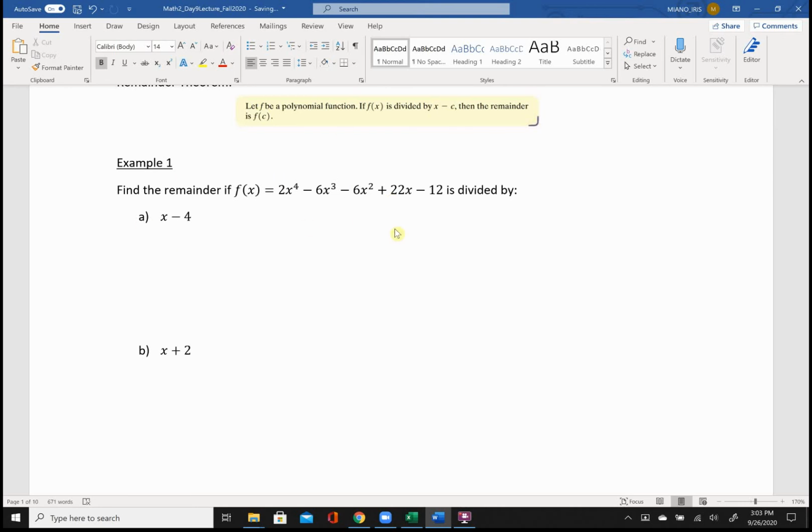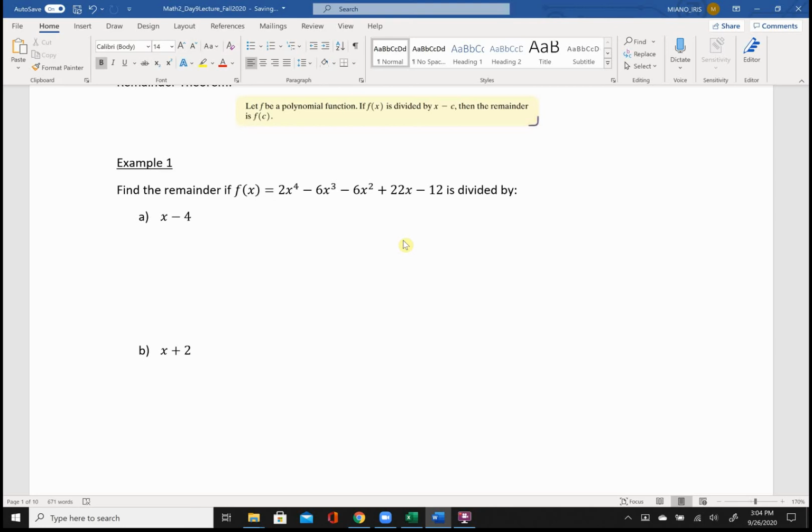And so let's go ahead and do that for this first example. And if we get a zero output from this f of c value, this is something we're going to get into in a subsequent example, then we can say that that c value is a zero. But I guess I'm getting a little bit ahead of myself.